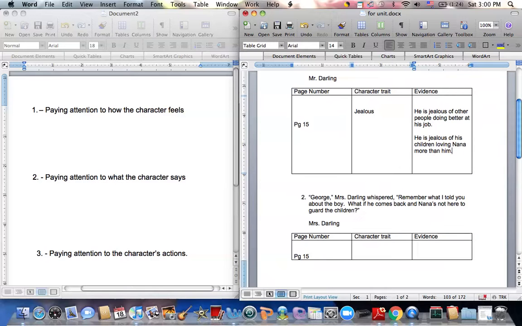And throughout the novel, we see how Mrs. Darling always says things that point out that she is worried about Peter Pan coming to see her children. In this character trait, I'm going to write that Mrs. Darling is worried. My evidence is that she says all the time, what if he comes back and Nana's not here to guard the children?